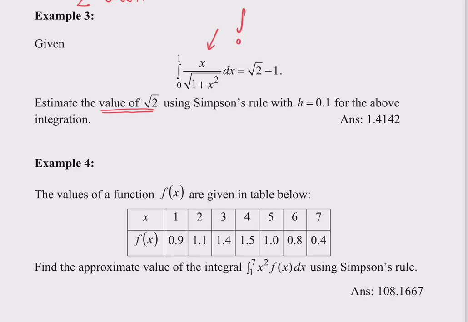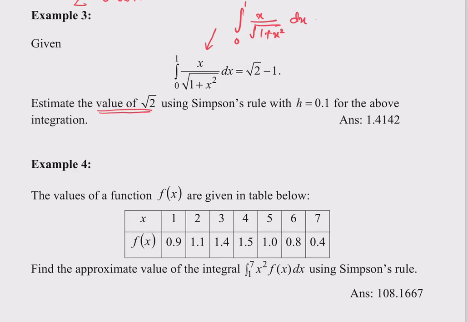So you can do the integral from 0 to 1 of x over root of 1 plus x squared dx by using Simpson rule, which is approximately h divided by 3, and then how many subintervals you need to calculate: f0 plus 4 multiplied by f1, and so on up to your n.